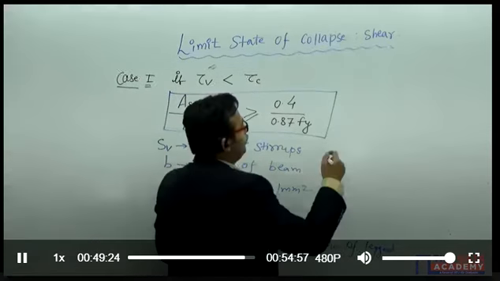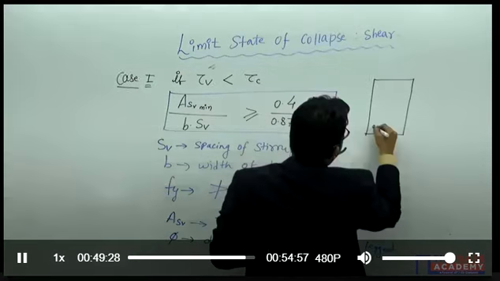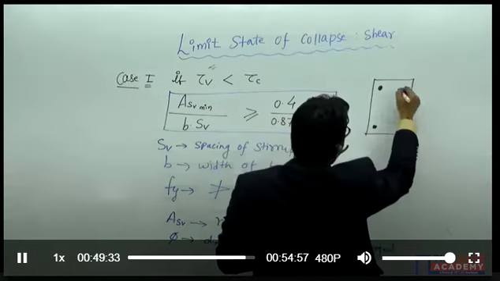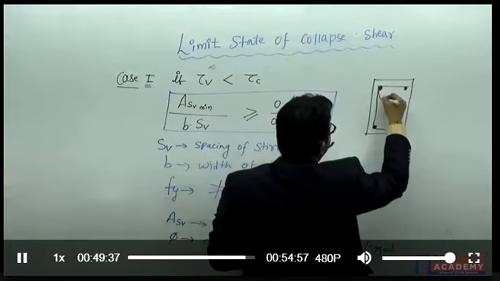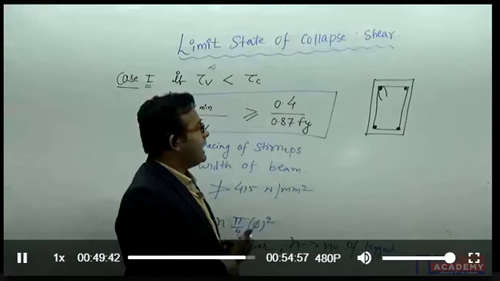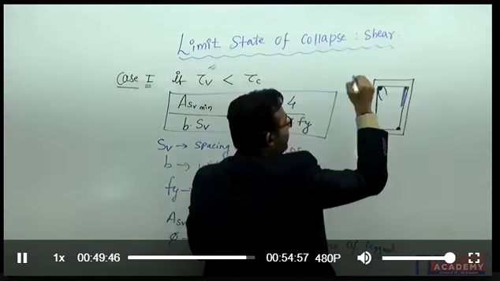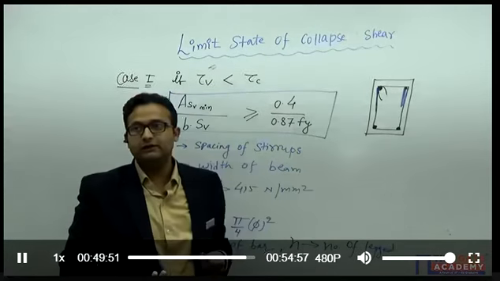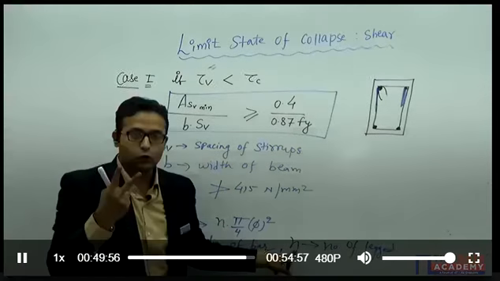Here I am drawing one figure. Suppose this is the beam. This is the reinforcement in the bottom and in the top. So I am drawing the cross section. This is the way I provide my reinforcement, right? So there are 2 legs, 1 and 2. So it is called 2 legged, and the value of N will be 2.